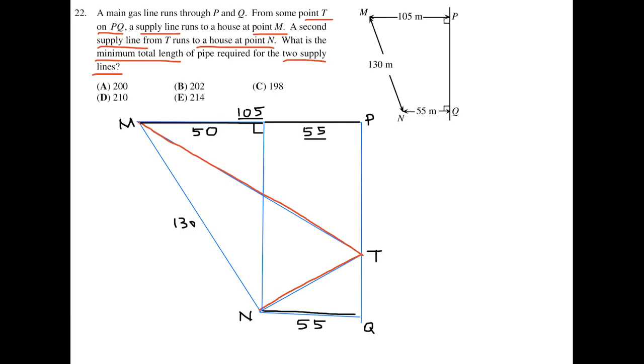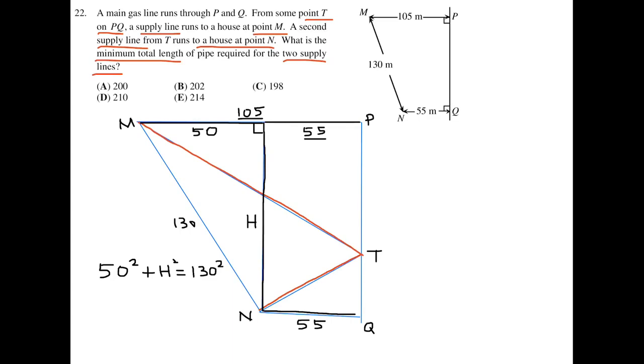And at this point, I can calculate this right here, this perpendicular that I drew, with Pythagoras. It'll be 50 squared plus h squared, I'll call it h, is equal to 130 squared.